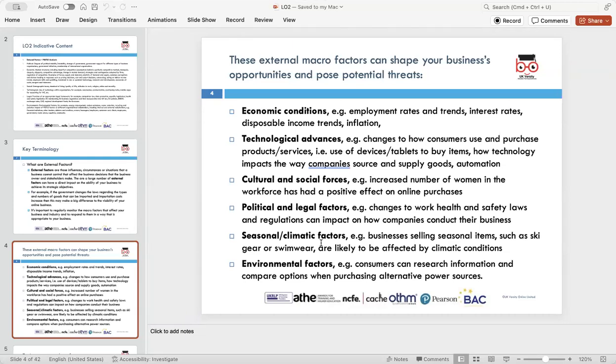For example, businesses that offer seasonal commodities like ski gear or swimwear are likely to be influenced by the local climate. Then, when it comes to acquiring alternative power sources, consumers have the ability to utilize environmental elements such as conducting research and comparing various possibilities.